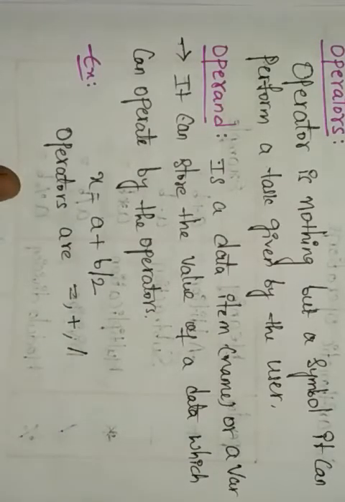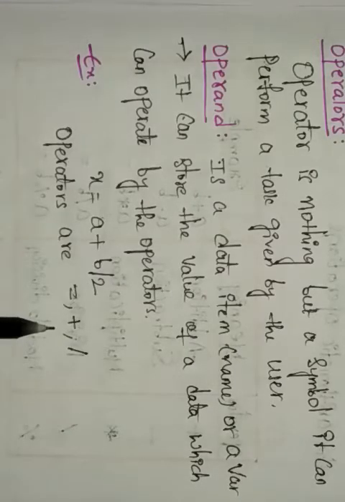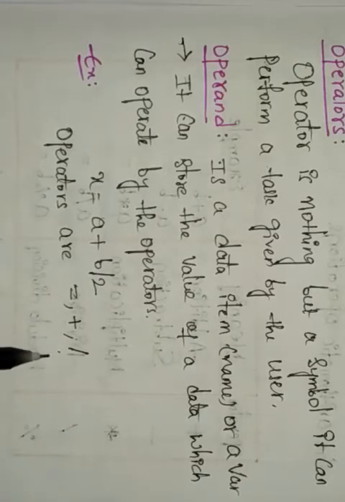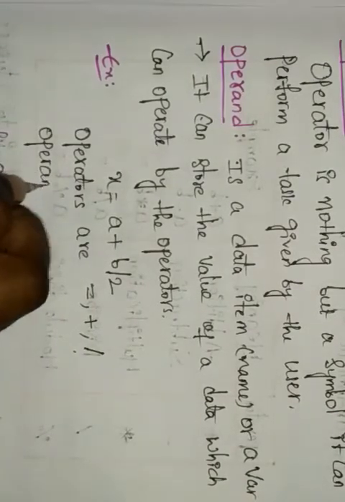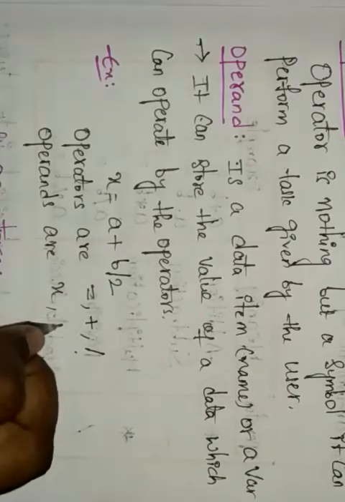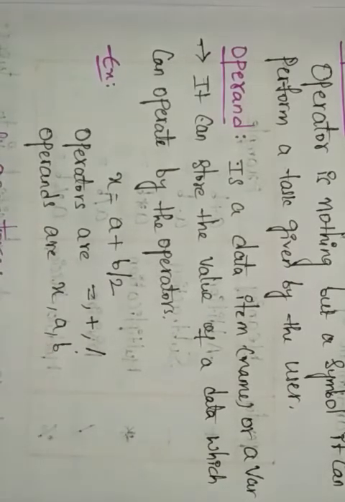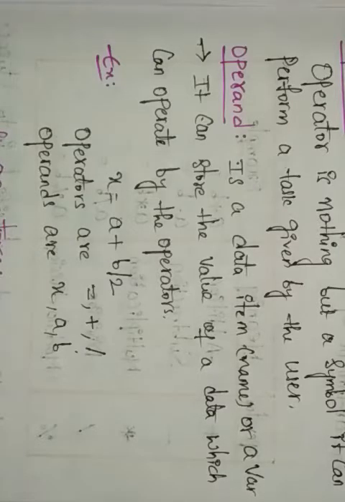Here we have the operators: equal to, plus, and division. And here we have the operands: x, a, and b. So with the operands we are performing the operators. Like this, we can apply operators to operands.